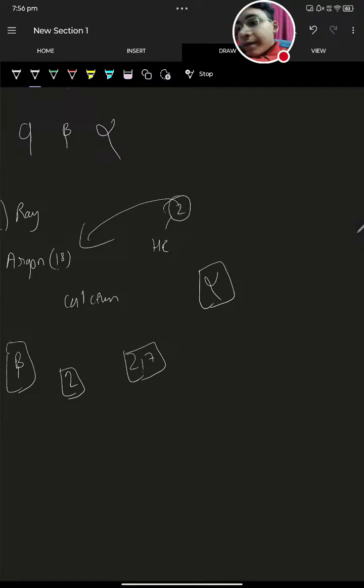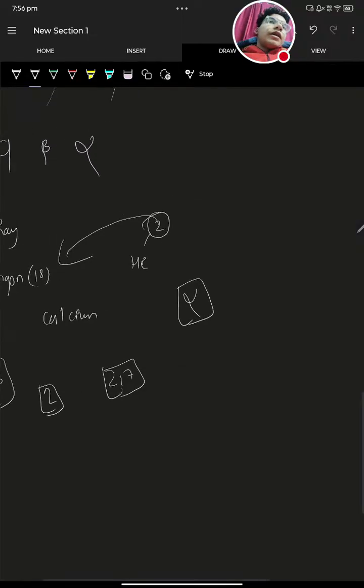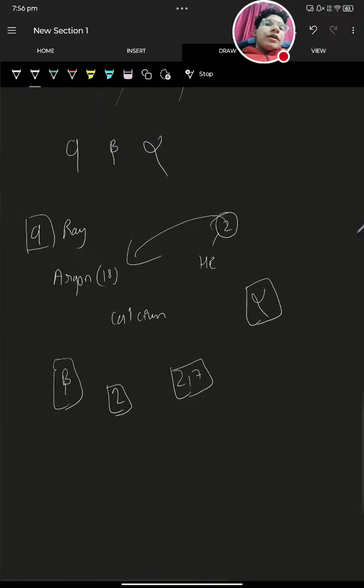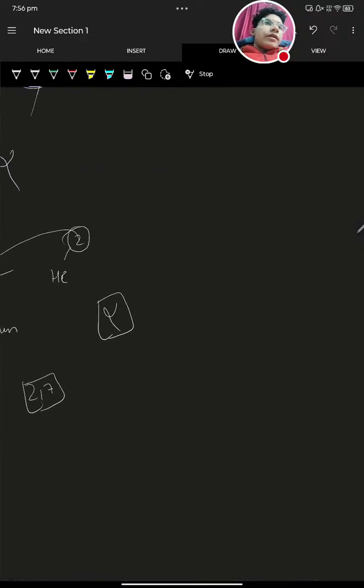Very high penetration power, and very low ionic power. So if this type of question comes, like rank alpha, beta and gamma on the basis of ionic power: alpha, you know how it is changing the number of protons, making it bigger.